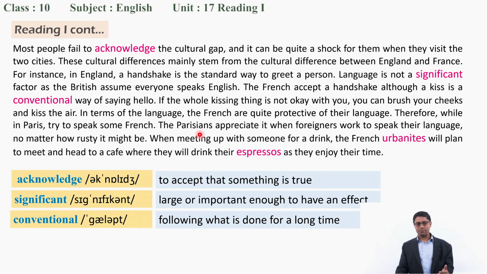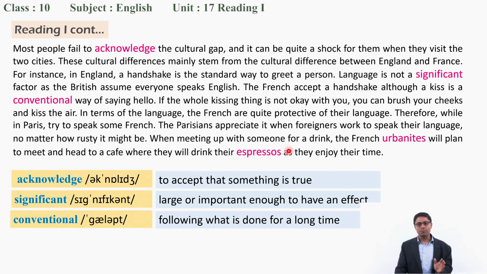The Parisians, people in Paris, appreciate it when foreigners work to speak their language, no matter how rusty it might be. Maybe their French may not be good. Okay, it can be rusty, not good, but they accept it, they like it.